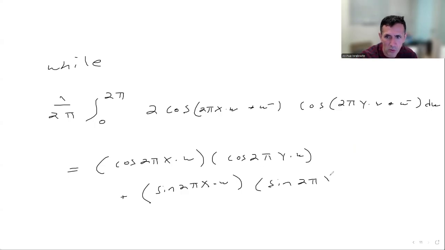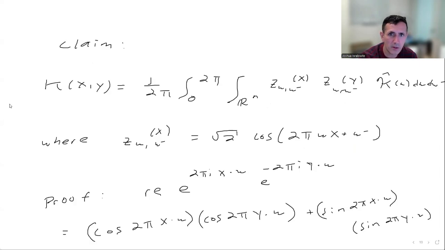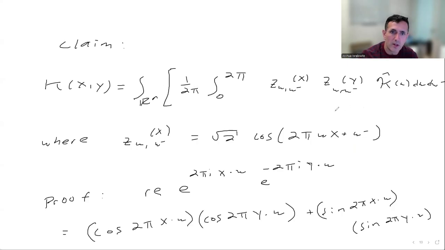Sine 2 pi y. Yeah, and the point is really just take this and insert it here. If you want, you can switch integrals, which is the same thing as saying this here. Right, so let me make sense out of this.